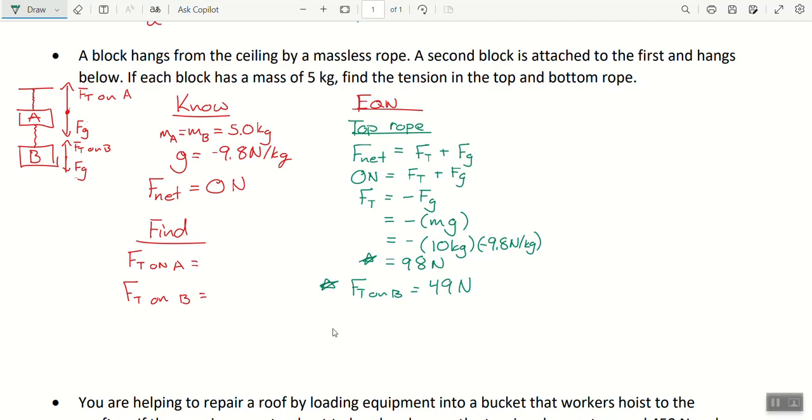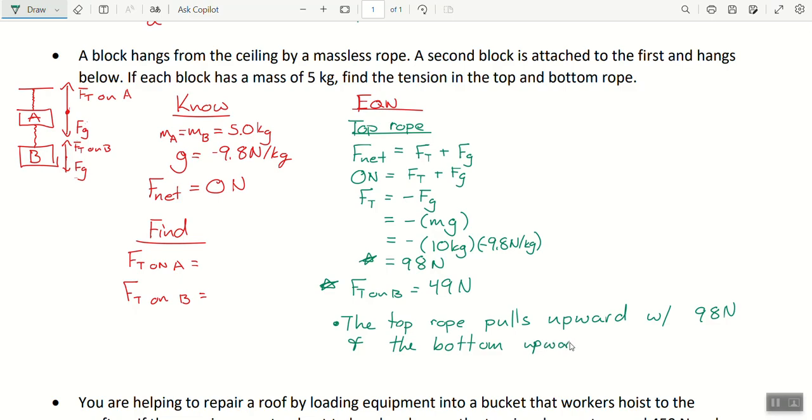Tension produces a force, right? Okay, the top rope pulls upward with how many newtons of force? 98. Good. With 98 newtons. And the bottom pulls upward with how many newtons? 49.